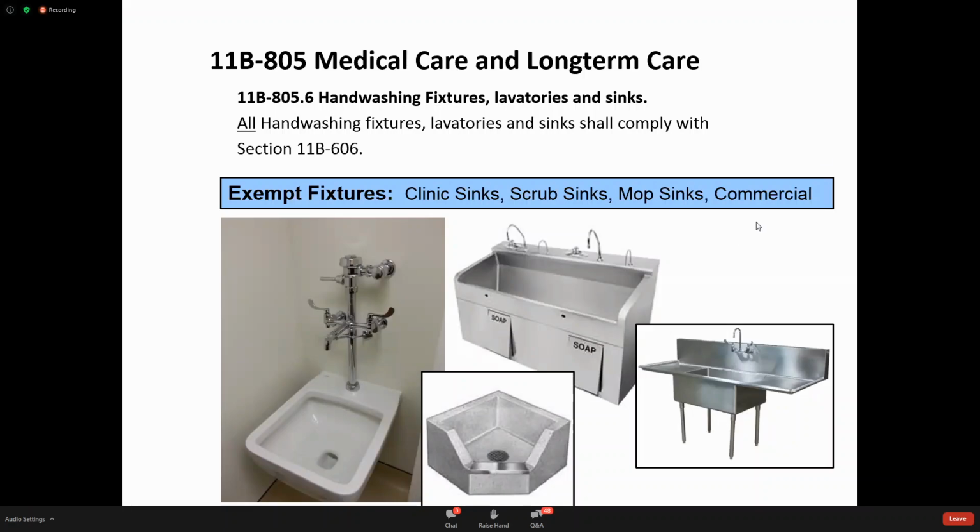And then as a follow-up, using these examples, let's say the scrub sink or one within the food service area, are they considered a workstation? I wouldn't say so, it's subject to interpretation.